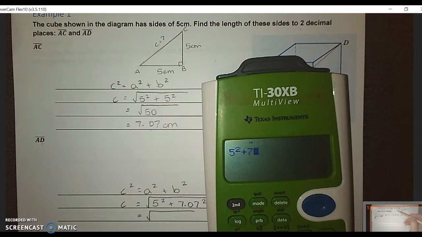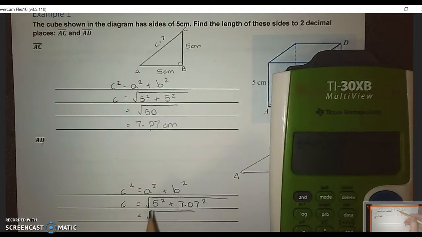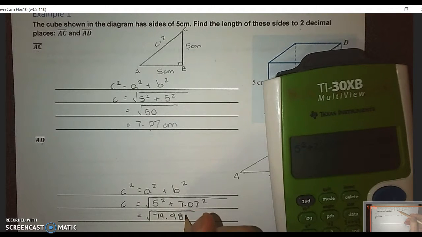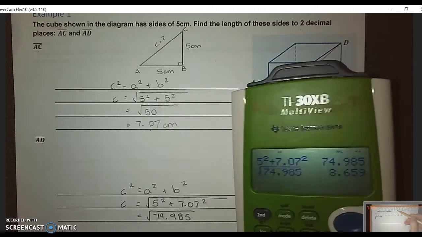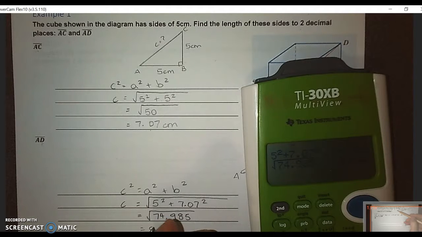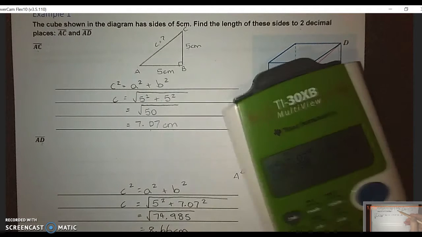That comes to 74.985, and the square root is 8.66, because remember we've got to put it in 2 decimal places, so 8.66 centimeters.